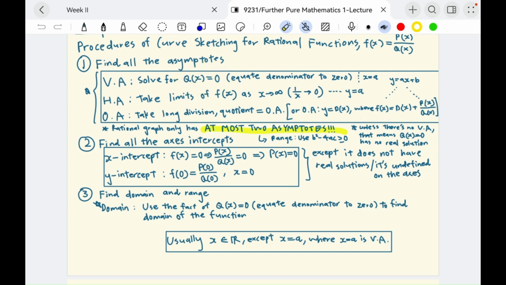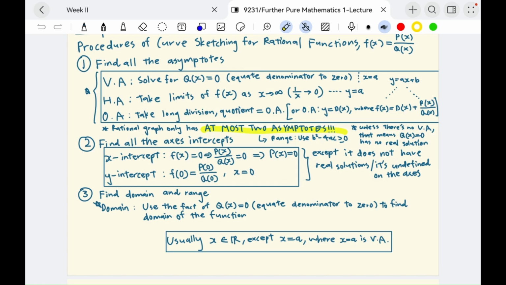This means that this equation can't be solved. How do we know that this equation can't be solved? Let's assume that Q(x) is a quadratic function, or of degree 2, the denominator.